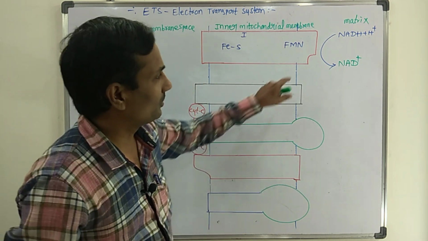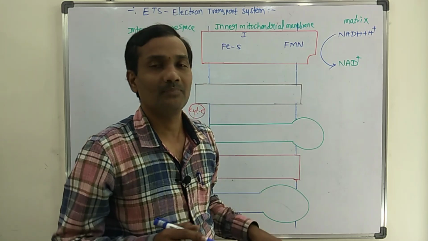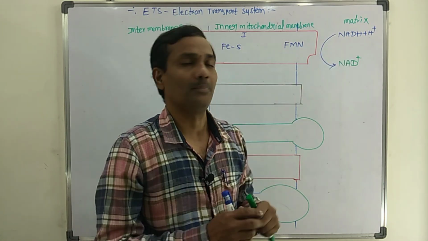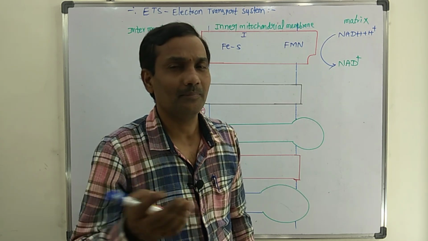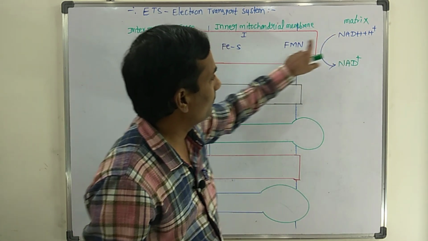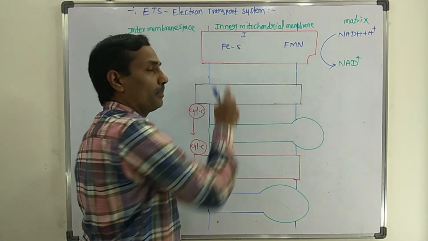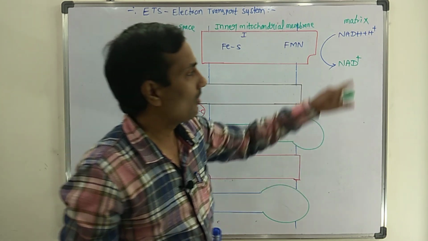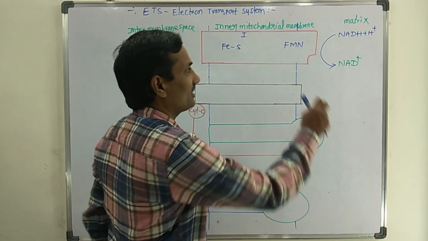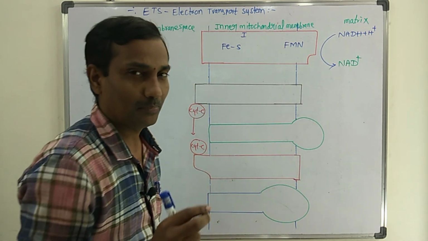Carefully observe, FMN is located towards the matrix. The NADH plus H plus that is formed during the link reaction and Krebs cycle will come nearer to complex 1, because complex 1 helps in the oxidation of NADH H plus. Because of this oxidation, it is oxidized to NAD plus.